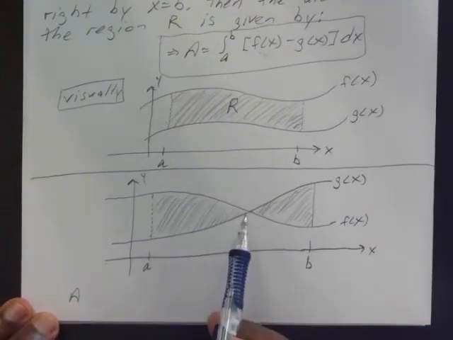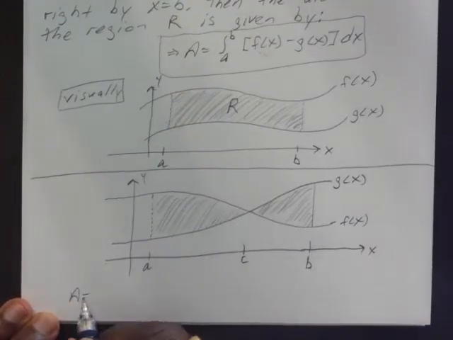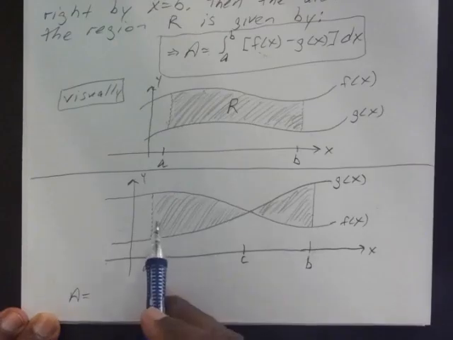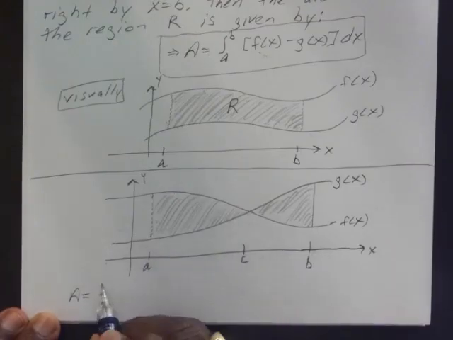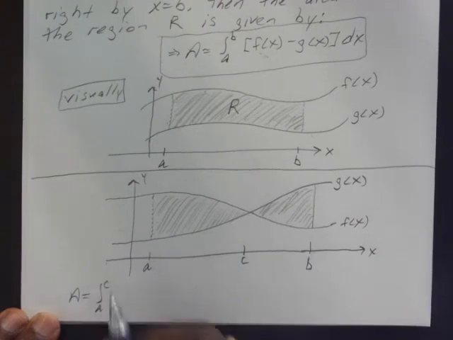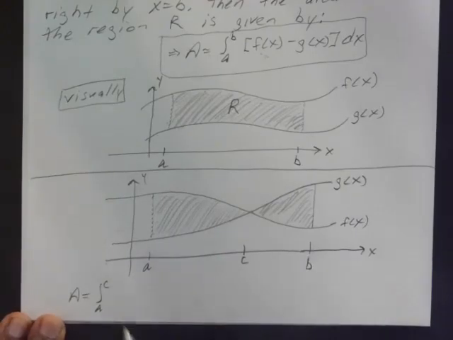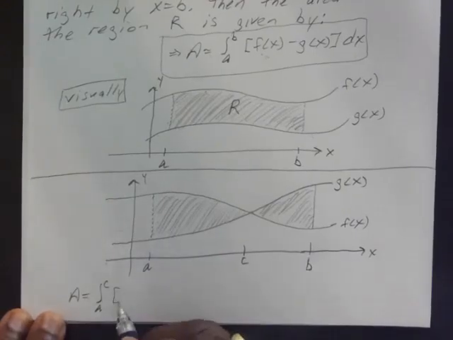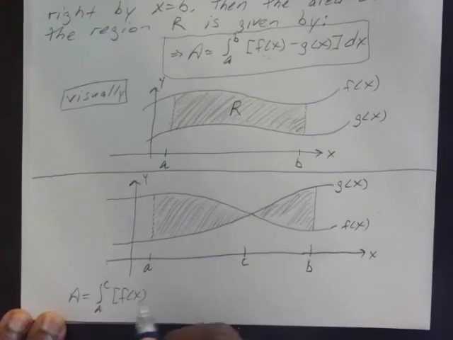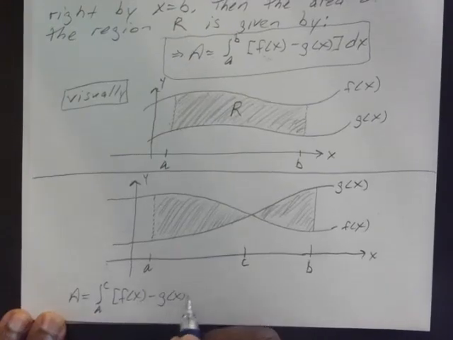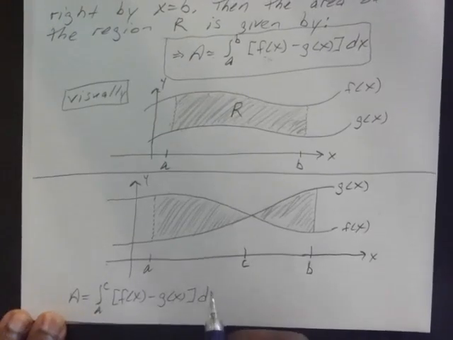So we know the greater of the functions will always be the first term. So for this interval from a to c, the integral from a to c, we see f of x is the greater function. So this will be f of x minus g of x with respect to x.